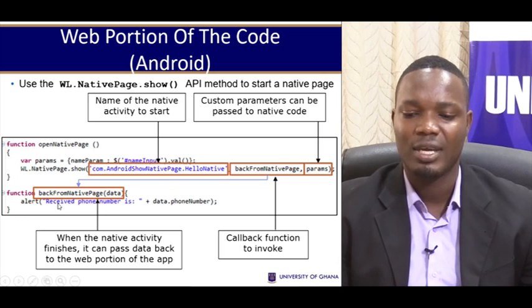And then we have the callback function to be invoked. So we have the first part, which is the activity to be started, the callback function, and then the parameters to be sent to this activity. Now, when we come back from that activity, this callback, which has been implemented here, is going to be called.